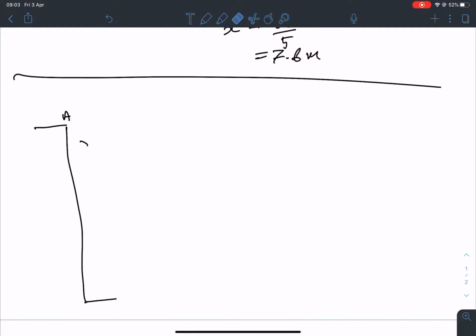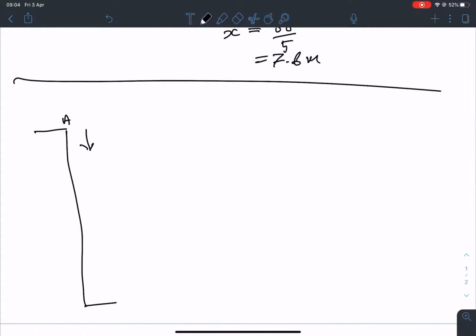Sorry about that, there's a silly error in there with the number work earlier on. So you should have ended up with x equals 7.6 meters.